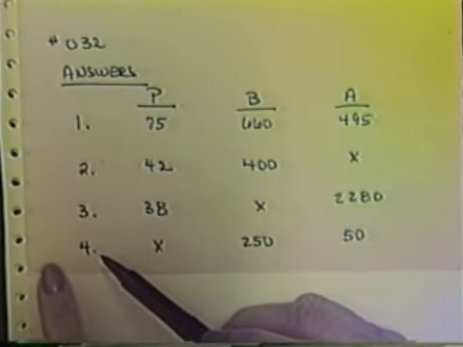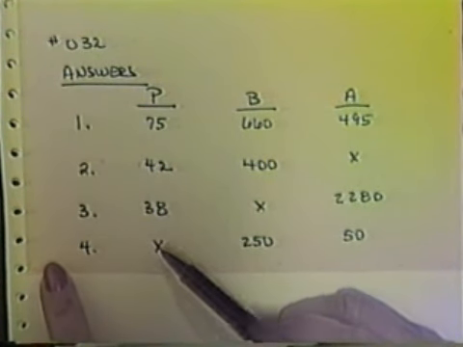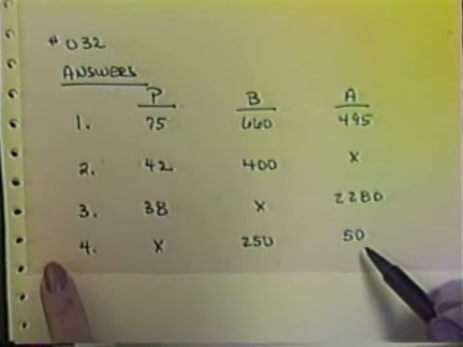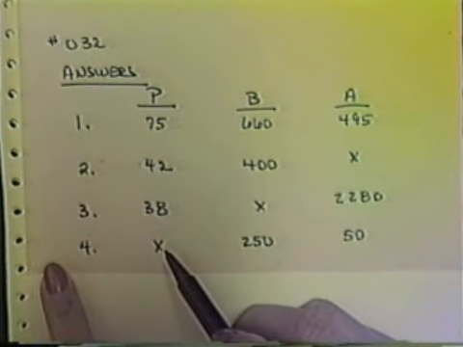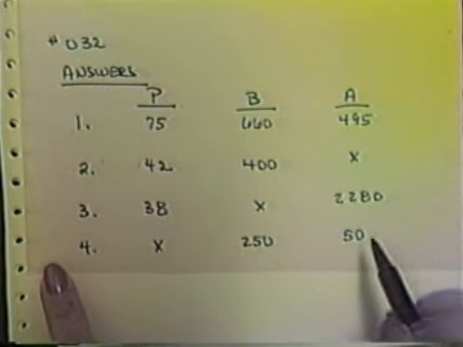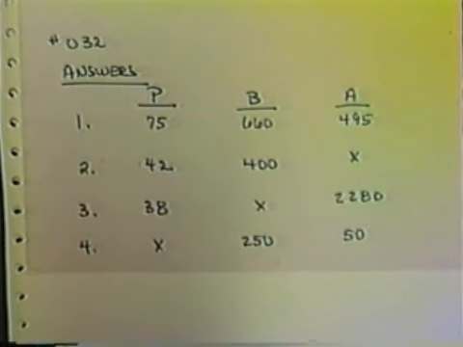The fourth practice problem: the percent was the unknown X, the base was 250, and the amount was 50. If you had any problems with these, then you need to go find a math tutor or instructor to get some help.